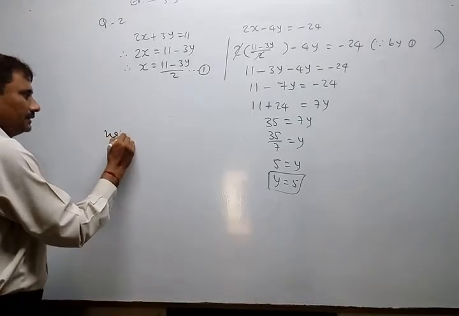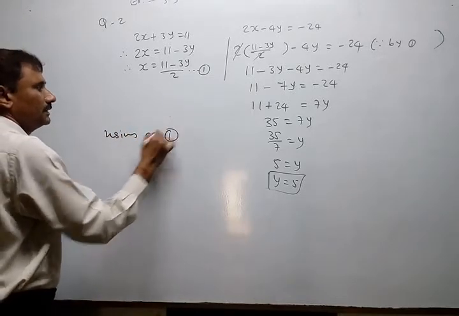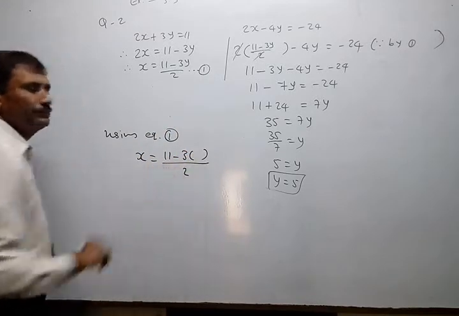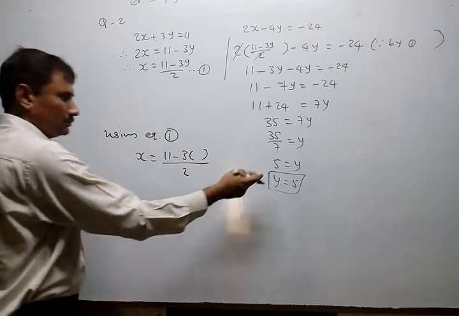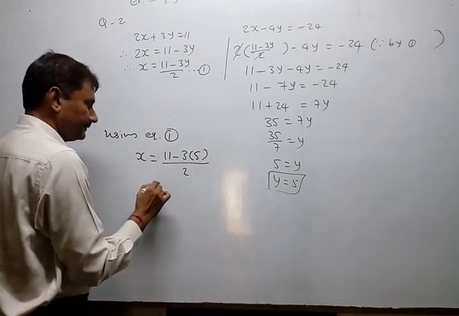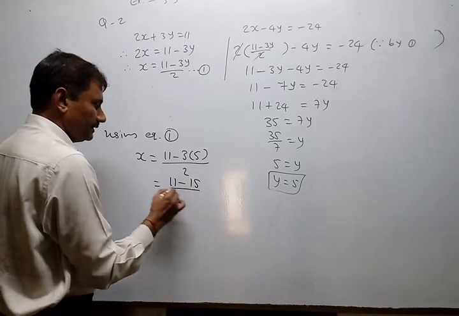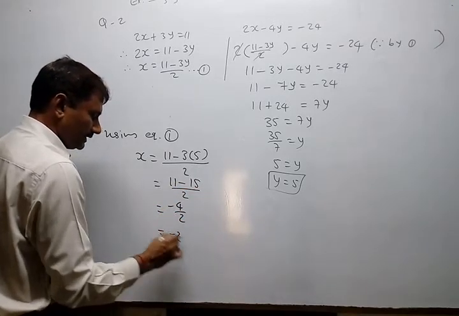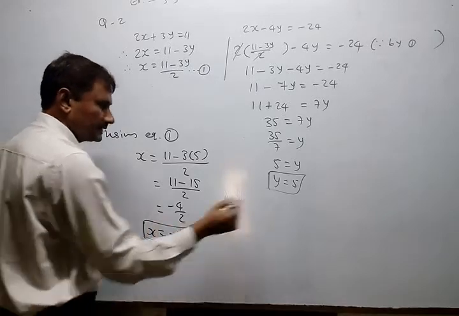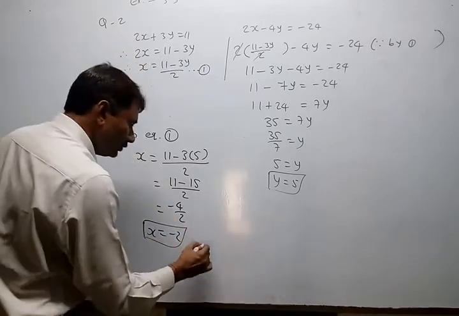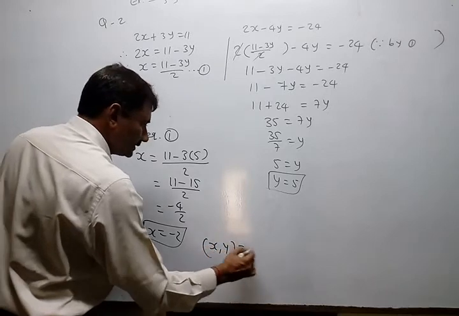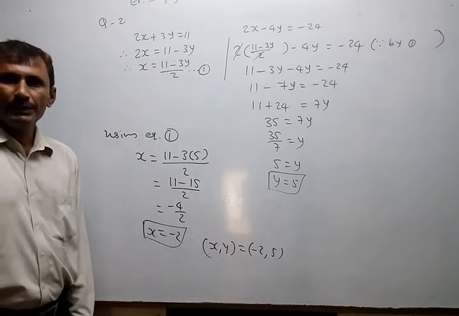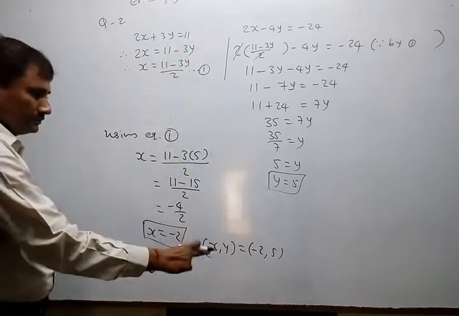Using equation 1, x equal to 11 minus 3y upon 2. With y equal to 5, 11 minus 15 upon 2 is minus 4 upon 2, equal to minus 2. So (x, y) is (minus 2, 5). You can verify also.